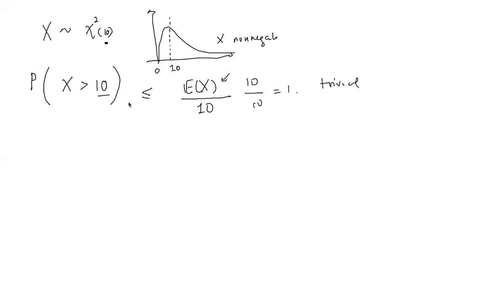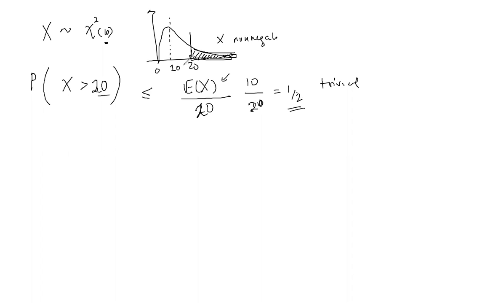Let me see, let's say you have 20. So let's say you have 20, right? That means over here, so basically this tail, right? It is saying that, without calculating it, the probability of this will be bounded by 10 over 20, so 1 over 2. Okay, that means this tail here cannot be more than 50%.